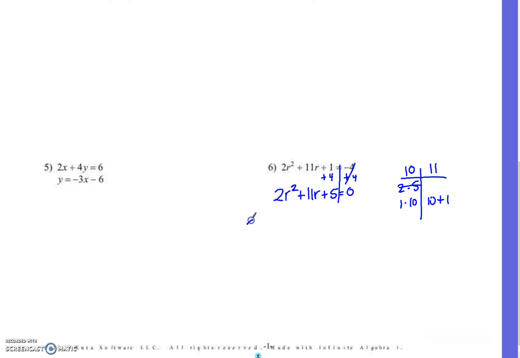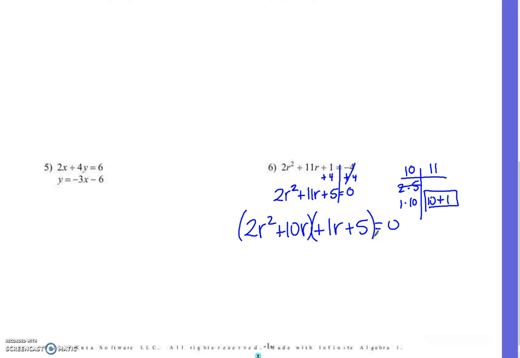So I write my 2r squared, and then I'll grab these guys here, so plus 10r plus 1r plus 5 equals 0. You write out the 4 terms. Then you group the first 2 and the last 2, and we take out the greatest common factor.